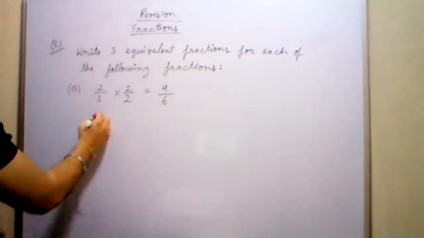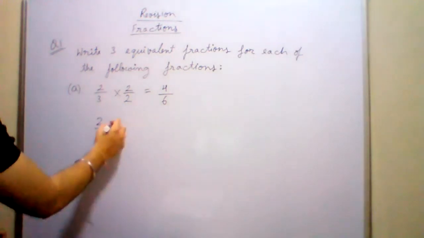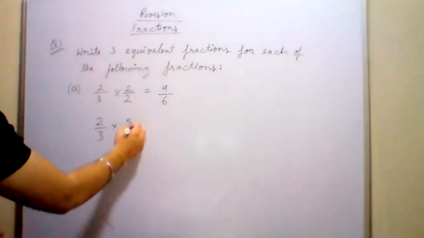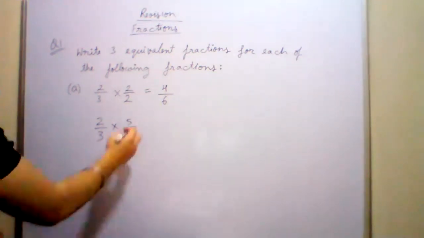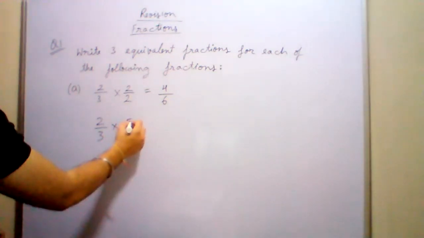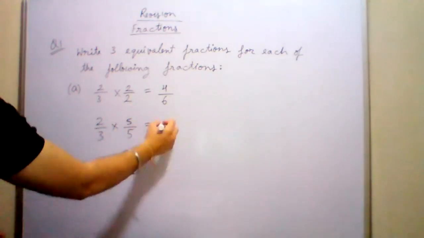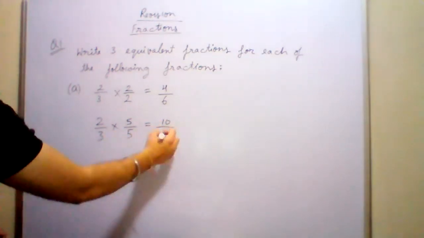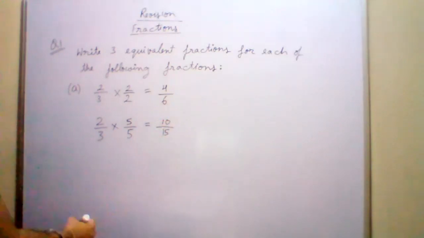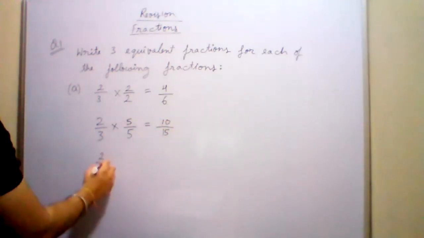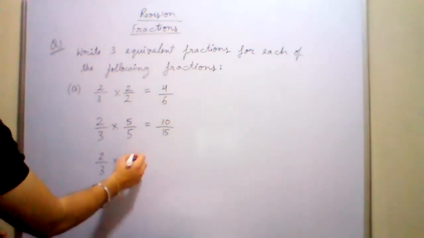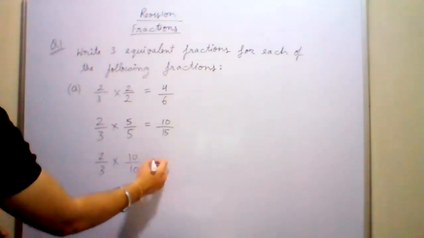You could get different answers also. If you multiply by 5 upon 5, it could be another one. But you have to multiply by the same number. 2 into 5 is 10. 3 into 5 is 15. So this is another answer. Or you can multiply by 10 upon 10 also.